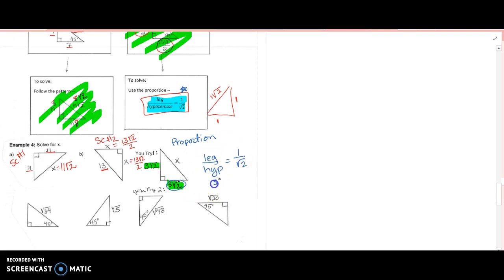So my leg is 3 square root 2 is to my hypotenuse, which is x, as 1 is to square root 2. And we cross multiply, so x times 1 is x. 3 square root 2 times square root 2 is what I get when I cross multiply going the other direction.